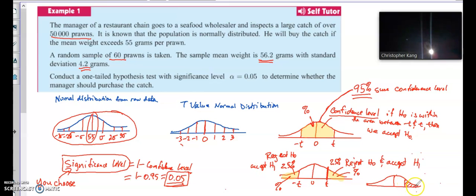This shading right here would be all 5%, and the confidence level would be everything below that, okay? But you're going to have to come up with the significance level that you're going to compare this percent right here against, okay? Now, this percent is typically called the probability value, right? Or the percent value that we're going to compare against, okay?